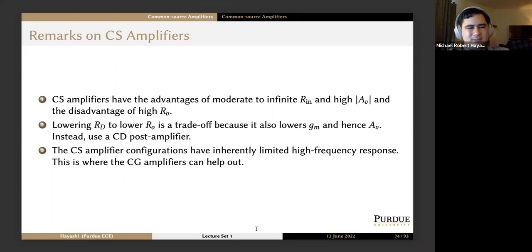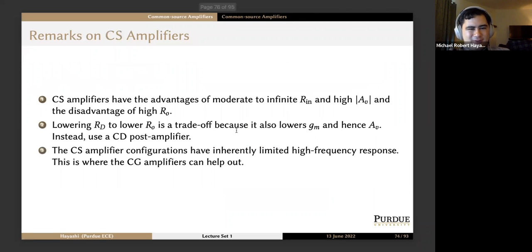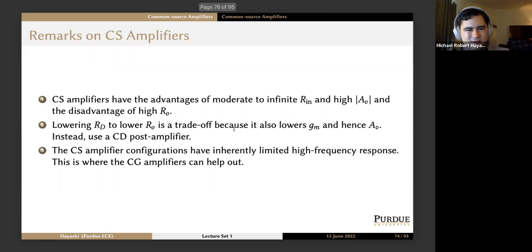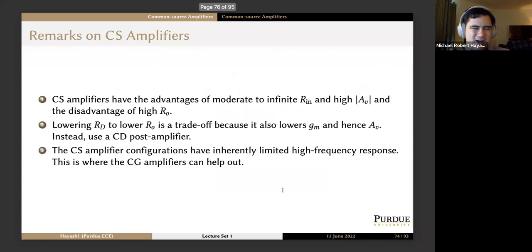So you might say, okay, what if we just choose a very small value for the drain resistance? Well, if you do that, it's going to lower your gm when you actually calculate your value of gm, and it's going to make all of your gain smaller. So you're trading off gain for a better output resistance performance. The way around this is to use a common drain amplifier instead.